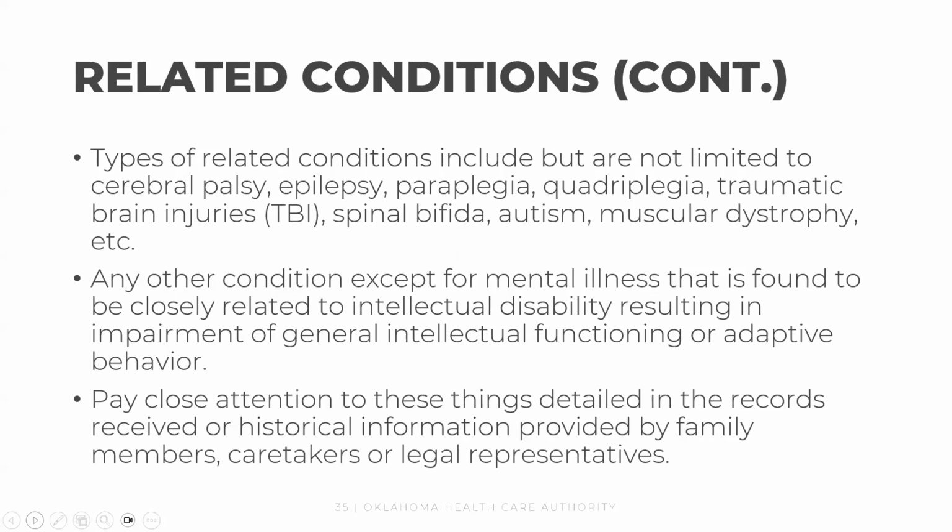So we're going to talk about some types of related conditions. These include, but are not limited to, cerebral palsy, and remember that kind of is on the same spectrum as are a lot of related conditions. When we talked about major depressive disorder, how that's on a spectrum, cerebral palsy is definitely one of those related conditions.